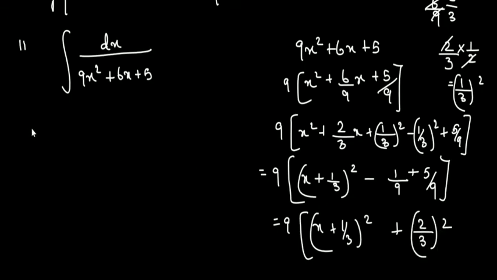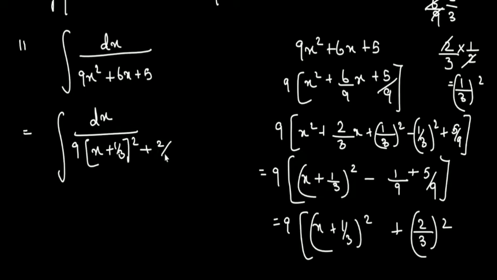So this integral now changes to dx by 9 into x plus 1 by 3 the whole square plus 2 by 3 the whole square.